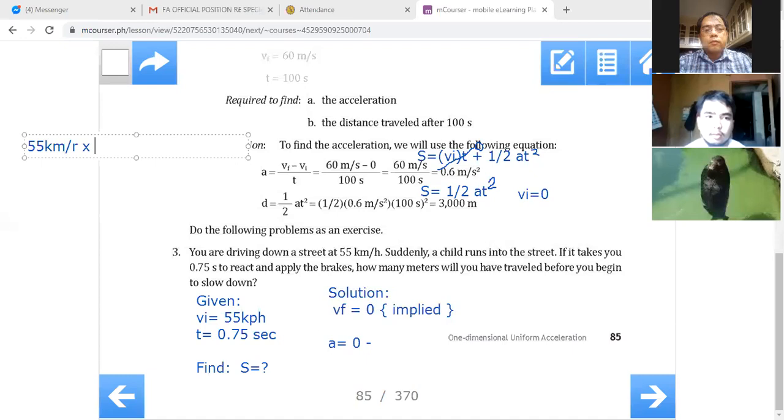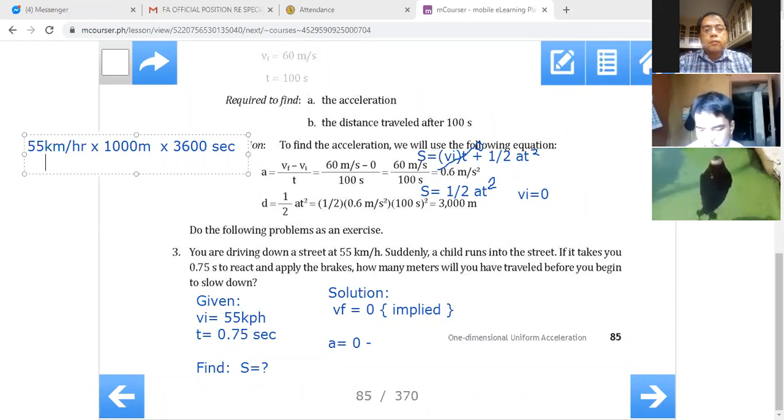There are 1,000 meters in a kilometer, and how many seconds are there in 1 hour? 3,600 seconds in an hour. So we divide this now per kilometer, and we divide this by 1 hour.